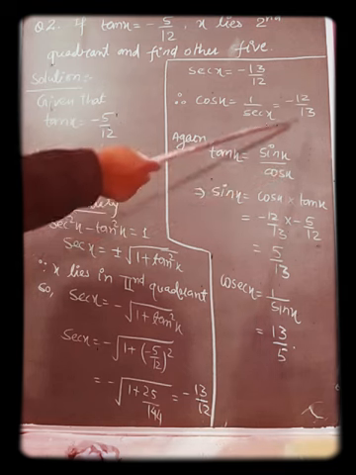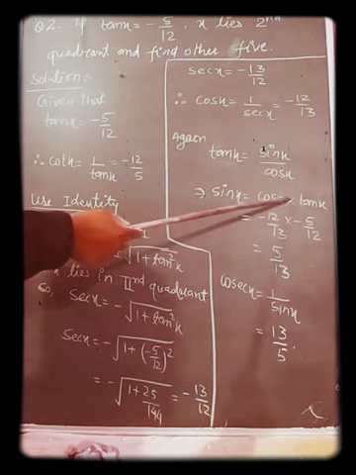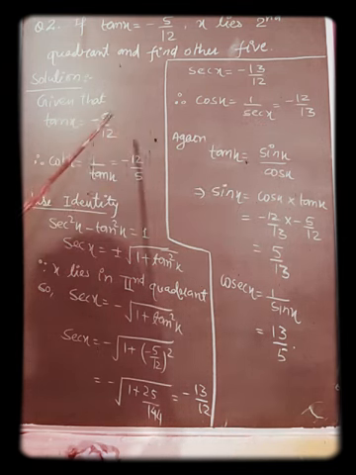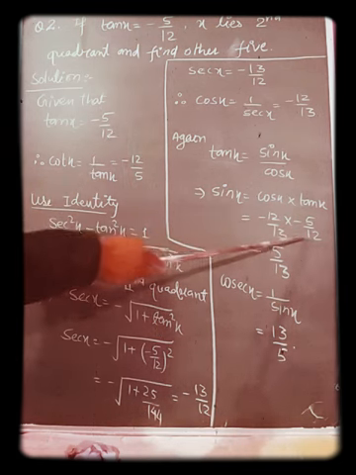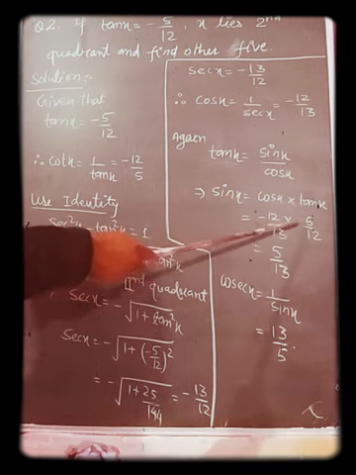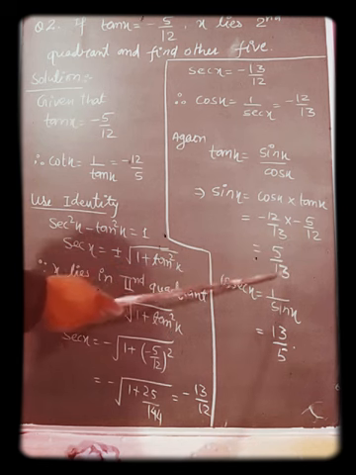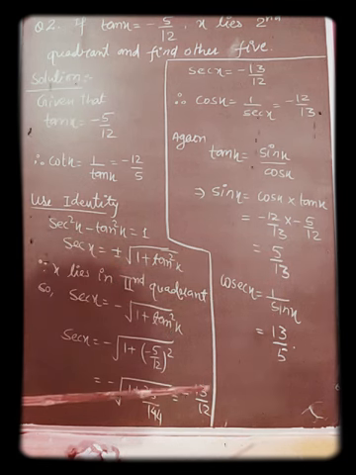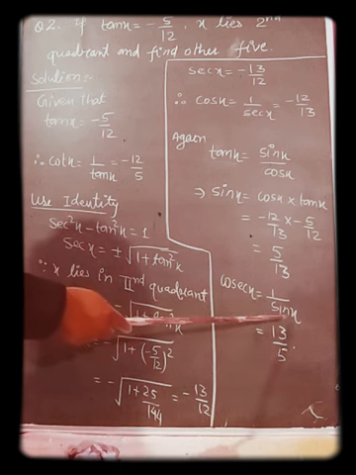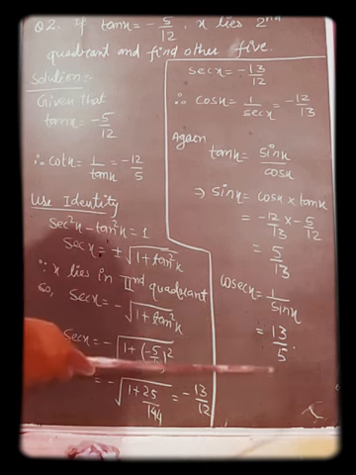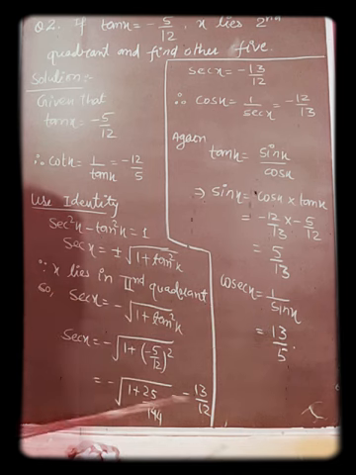Cos of x equal to minus 12 by 13 and tan of x equal to minus 5 by 12. After simplifying, 12 cancels, minus minus plus, which is 5 by 13, and cosec x equal to 1 by sin of x, which is 13 by 5.